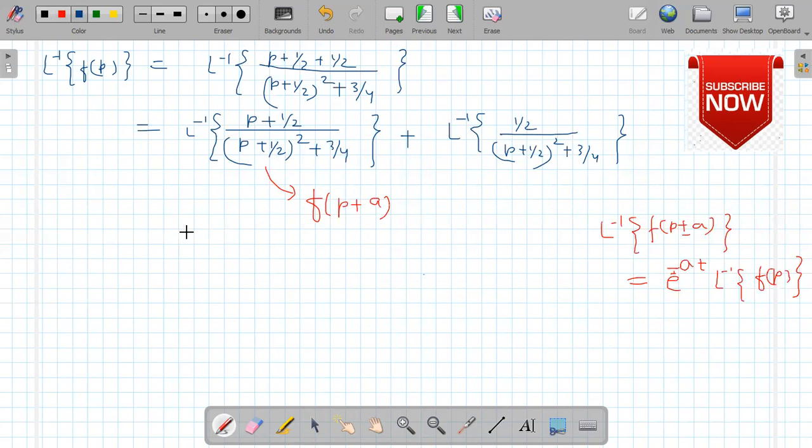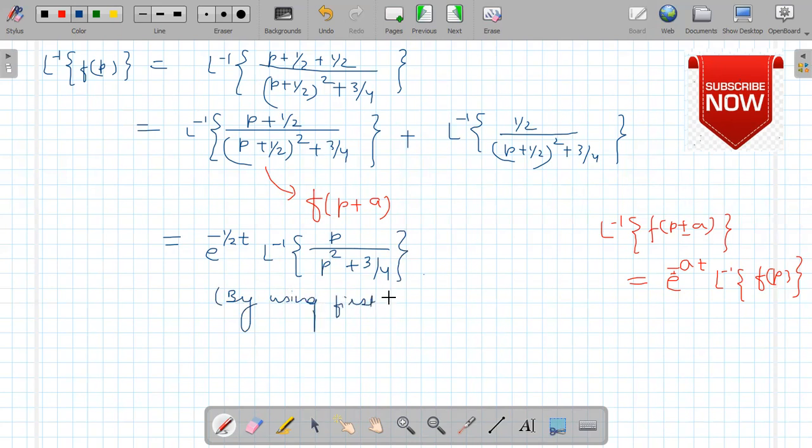So this is equal to e raised to the power, here we have positive a here, so we have negative half t into Laplace inverse of f(p). f(p) means you replace p plus half everywhere by p, so you'll get function of p square plus 3 by 4, by using first shifting property of inverse Laplace transform.